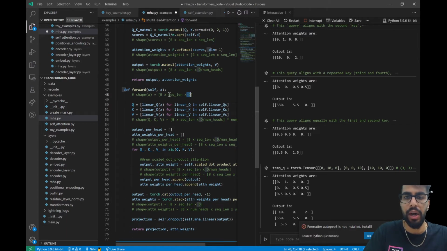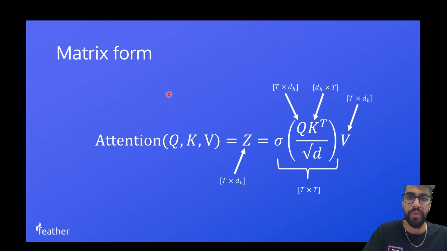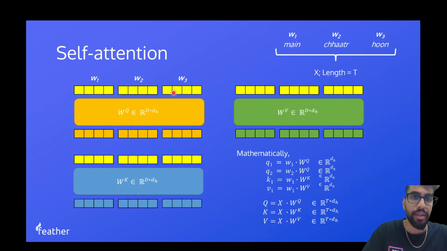Okay, so just to put an example on that, if I go back to this here, this will be our sequence length. T is going to be our sequence length, 3. And for this toy example, the number of dimensions of our model is going to be 4.